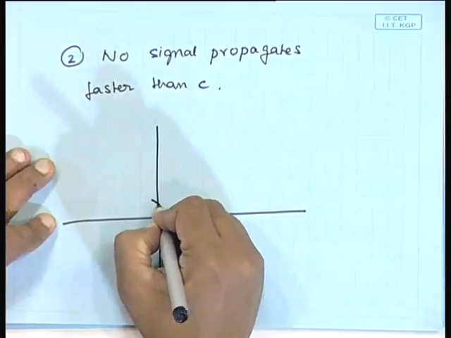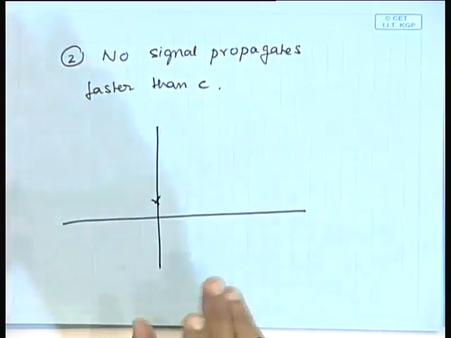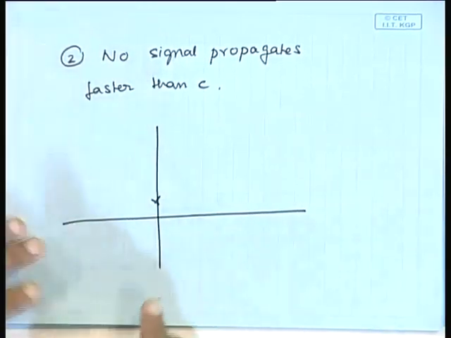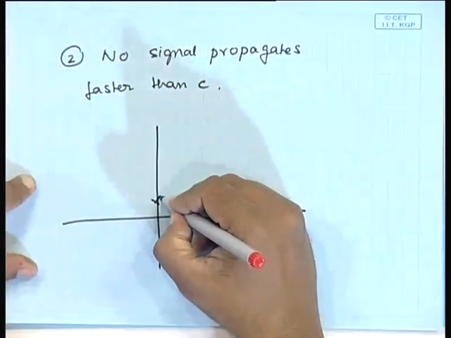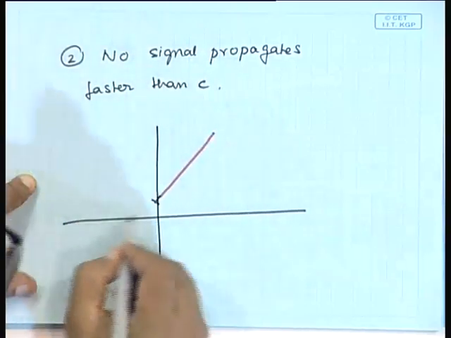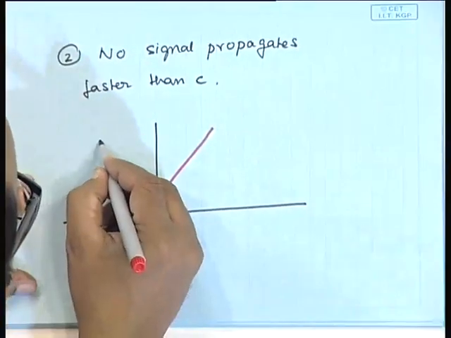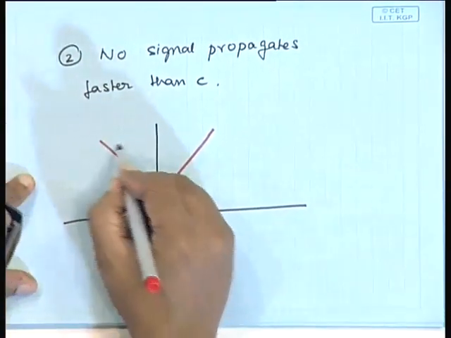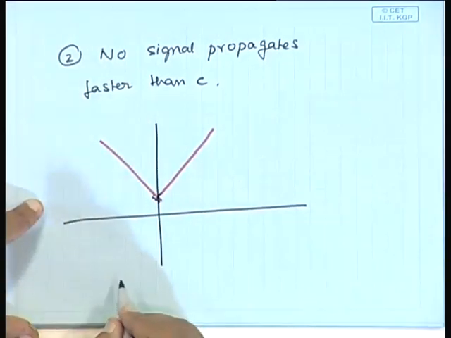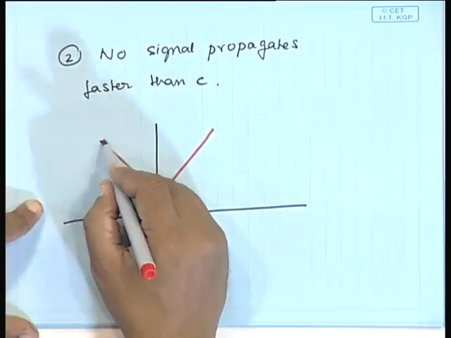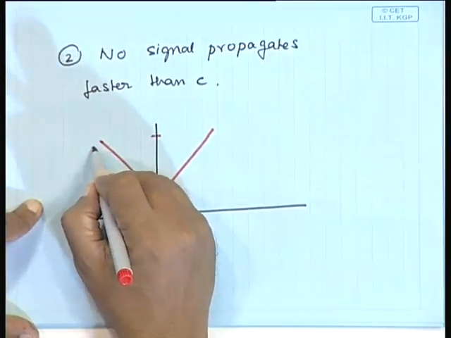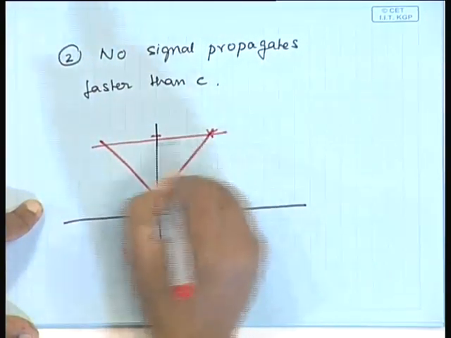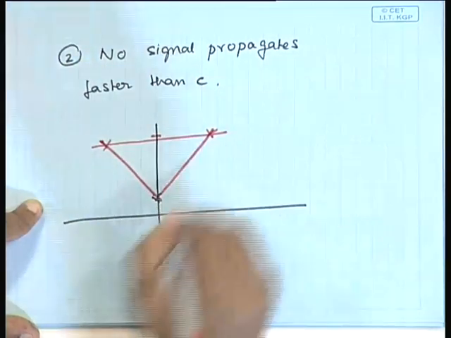This is an event, an observer, say at a certain time, sends out a signal. So any signal that he sends out, the distance it can propagate at say this time is going to be between this and this. No signal can propagate faster than this.